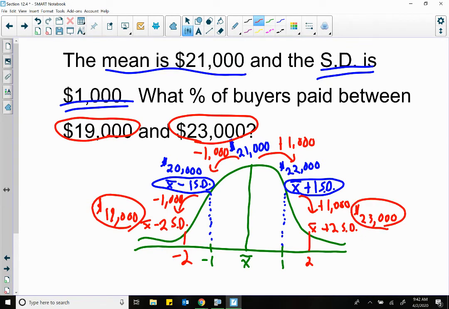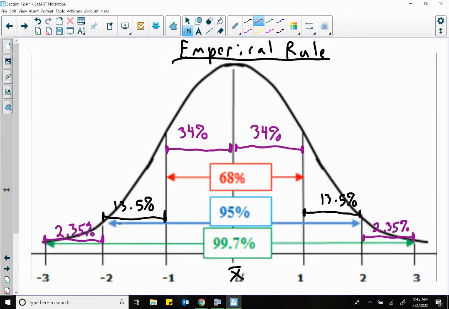And according to our chart, how much of my data is between 2 standard deviations? If we go back and look at it, it is a total of 95% because we are between 2 standard deviations. That's 95%.